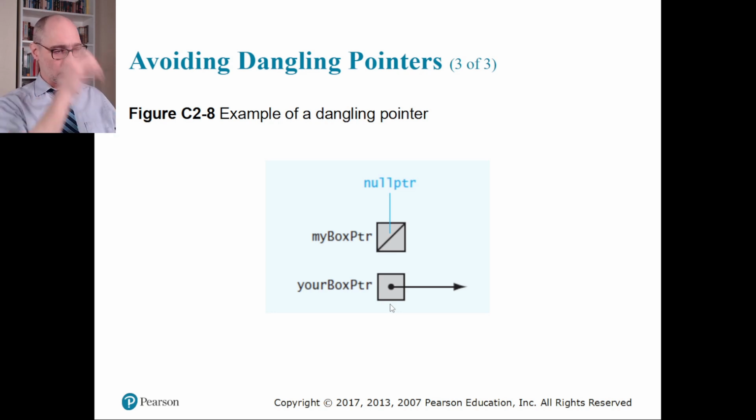So if you start doing yourBoxPointer arrow something, again, you're accessing corrupted, invalid memory. You wind up getting undefined behavior: program crashes, overwriting data or not, randomly getting lucky, or hacking vulnerabilities. Any horrible, terrible thing can possibly happen there.